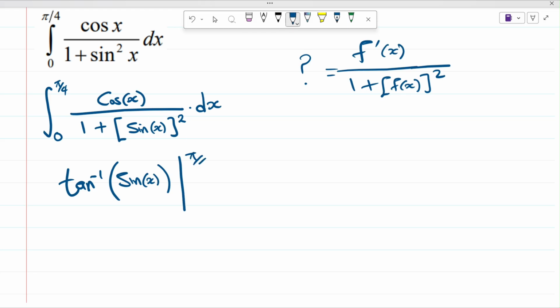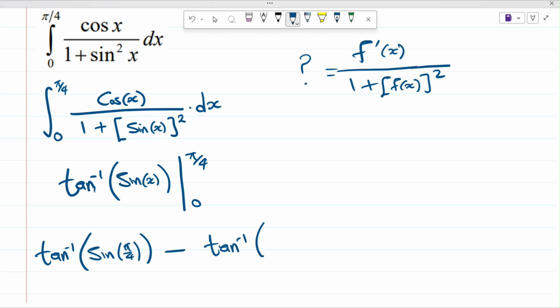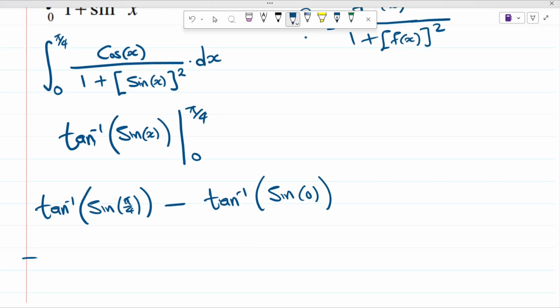So we put the limits here, 0 to pi over 4. Then we substitute our limits. It's going to be tan inverse of sine pi over 4 minus tan inverse of sine of 0. Then we substitute this in the calculator. I hope you know how to punch inverses, guys, in your calculator. You do, right?